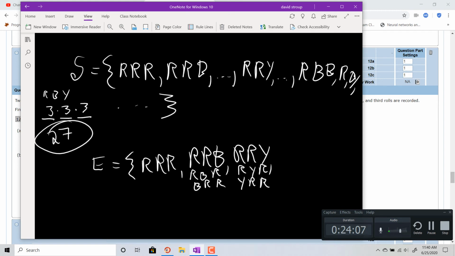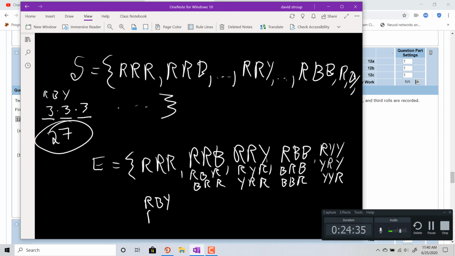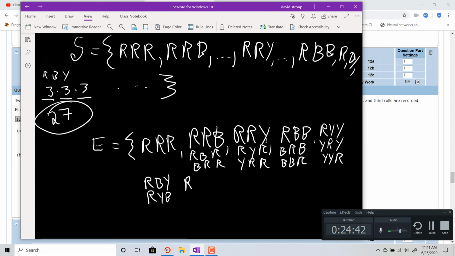Then we have the ones with just one red: red, blue, blue; blue, red, blue; blue, blue, red; and then red, yellow, yellow; yellow, red, yellow; yellow, yellow, red; and then red with a mix of blue and yellow: red, blue, yellow; red, yellow, blue; and all the variations of those.